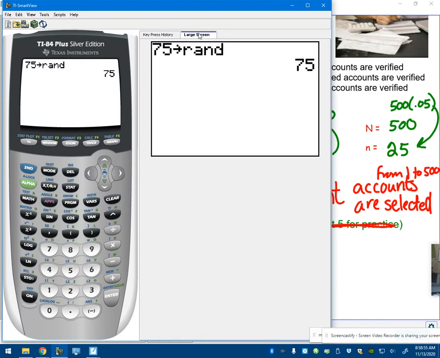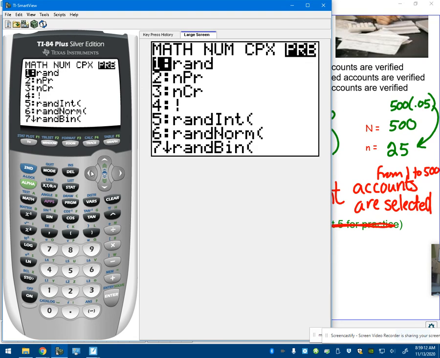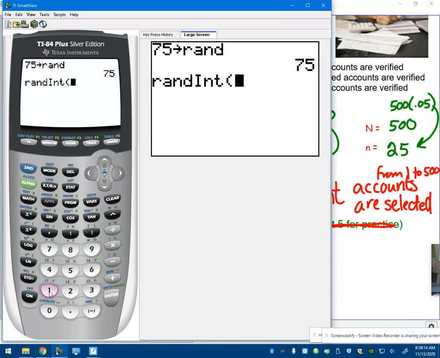Okay, now what do I do with my calculator? I will randomly choose. I'm doing simple random sampling here. Ben, what do I put in my calculator to get these? Math, probability, randint. Lower is 1, upper is 500, and we're going to do it by ones in case of a repeat.